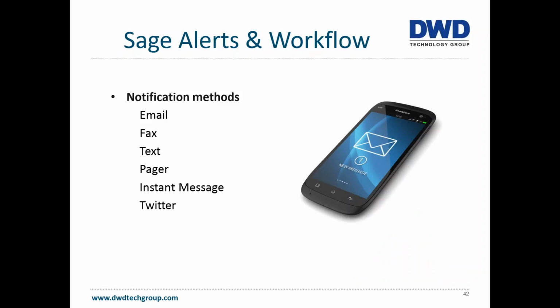Text: one of our clients, we set up Sage Alerts and Workflow, and it texts a message to the head of the accounts payable division every time a PO is created that's more than $10,000. It'll send them a text message to alert them. We can also use pagers if those are still out there, instant message, and of course Twitter as well.